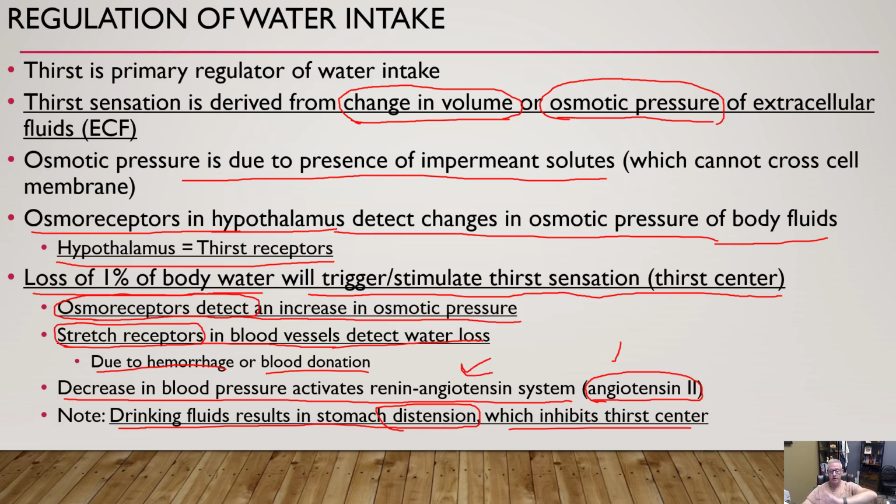And remember that where sodium goes, water is going to follow. So aldosterone leads to the conservation of sodium and the excretion, or peeing out, or tubular secretion, whatever you want to call it, of potassium. So we're going to keep sodium and we're going to get rid of potassium. And also ADH will lead to the retention of water.